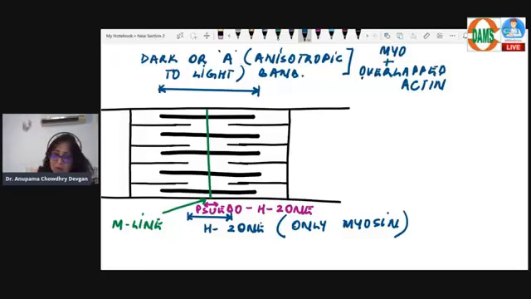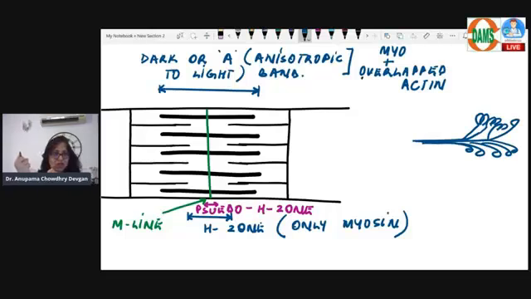If you look at the myosin molecule, it has a tail, an arm, and a head. The thick filament is formed by these myosin molecules which are held together like a bunch, and the heads are protruding in 360 degrees.